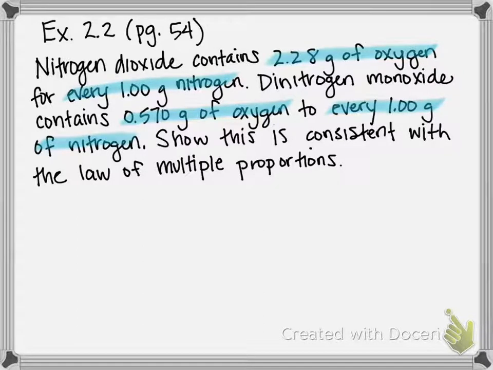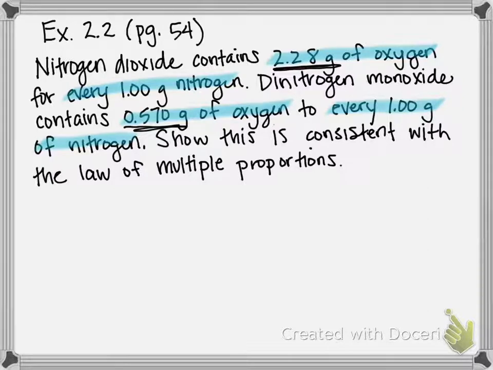So basically, to make sure that this law of multiple proportions holds up, we're going to take the mass of oxygen that combines with every 1 gram of nitrogen in each compound, divide the bigger by the smaller, and hopefully we will get a whole number.